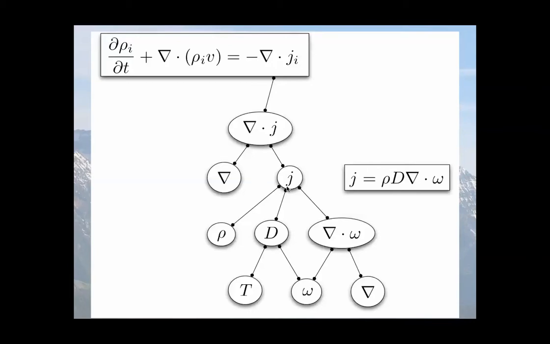Okay. So maybe each of these little bubbles is a task. Or maybe if this is really simple to code, we just want to make this whole thing a task.